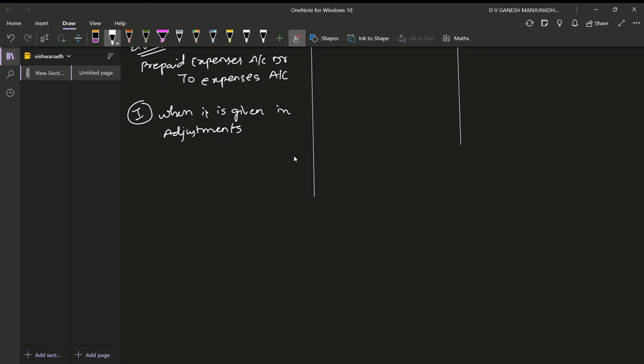We already know that when it is given in trial balance, the above entry was already written.